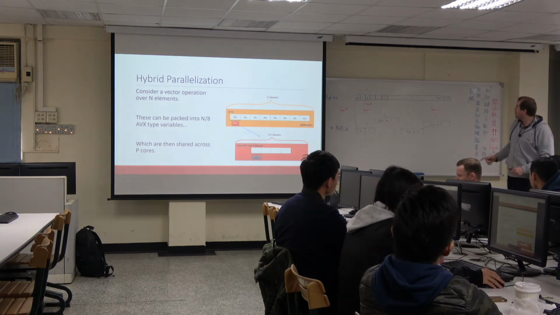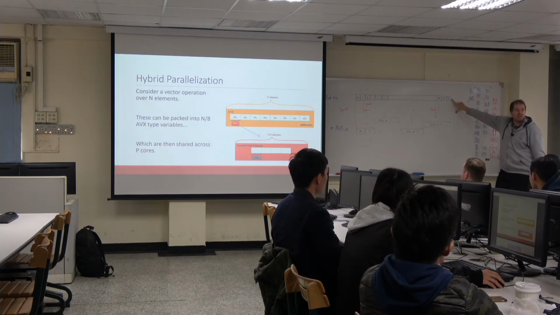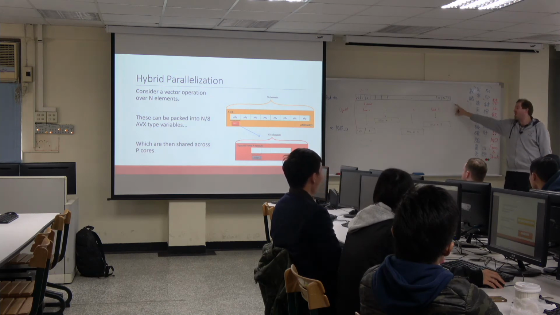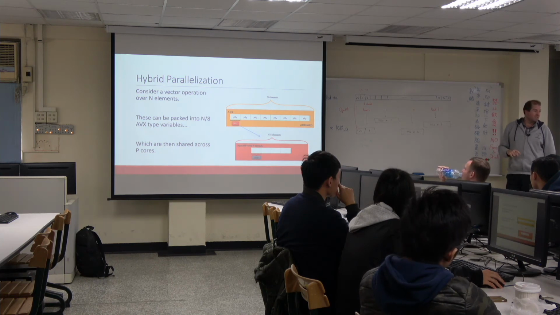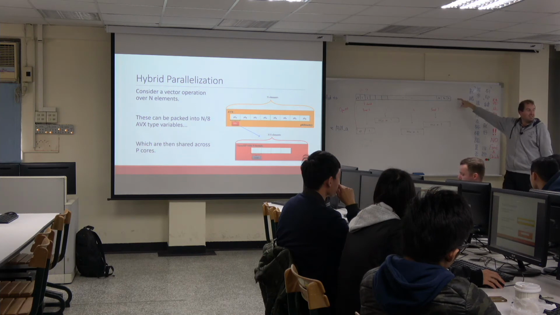We have to make sure that this number here, this 32, we can evenly divide it by 4 times 8. If it doesn't evenly divide, even if you try to use the compiler to auto-vectorize, it will give you a seg fault. If this number is not easily divided by 8 times your number of cores, you will get a seg fault every time.